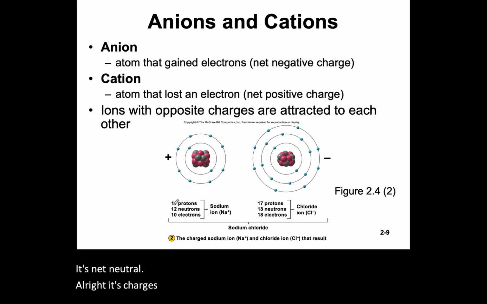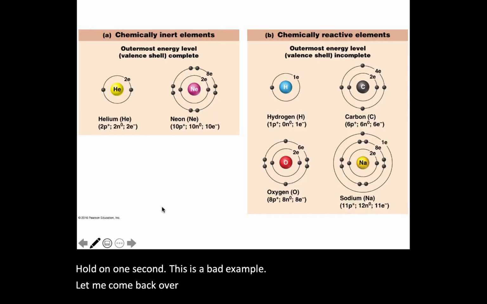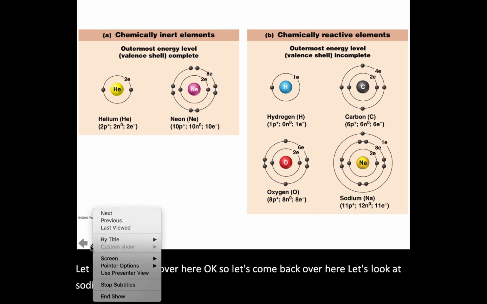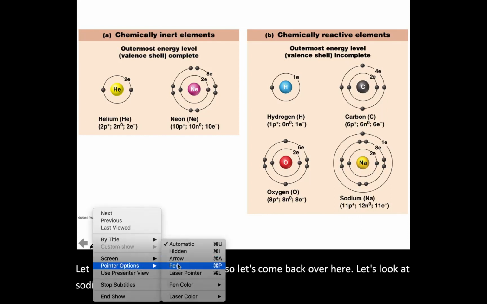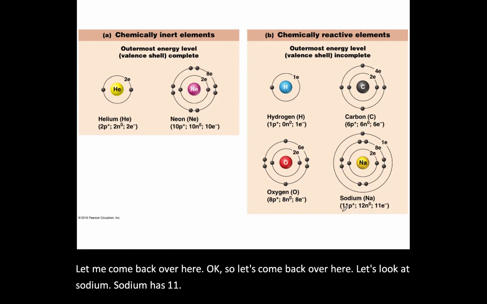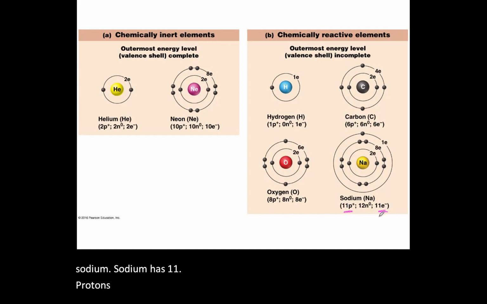Why is that? Hold on one second. This is a bad example. Let me come back over here. Okay, so let's look at sodium. All right, sodium has 11 protons and 11 electrons, right?